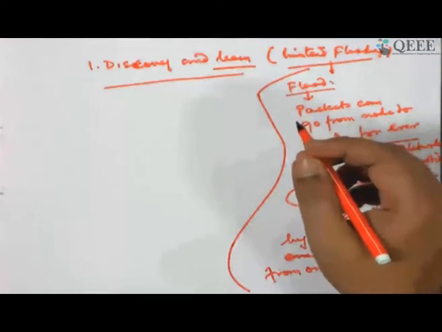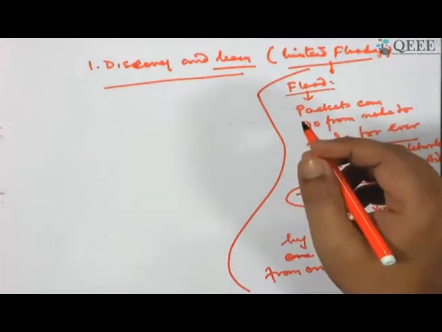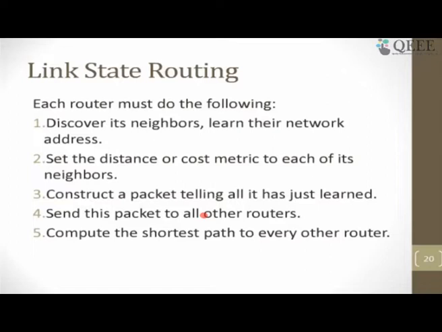With this, let us come back to link state routing. So, link state routing, first step is discover. Okay. Second step is set the distance or cost metric for each neighbor. Okay. How will we do that?